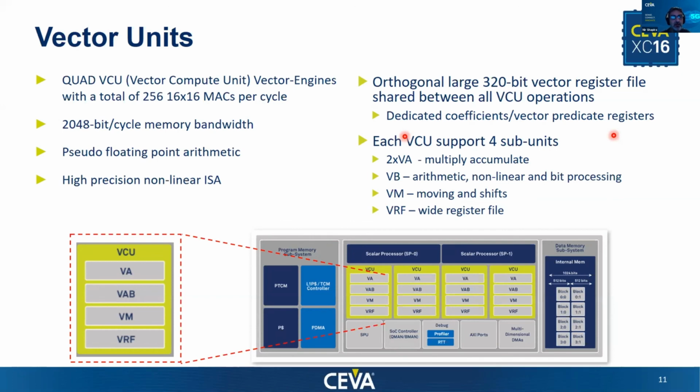The vector units also support pseudo-floating point arithmetic to handle efficiently, and also power efficiently, cases where you need close to a floating point operation, like for instance for very large matrix inversion.